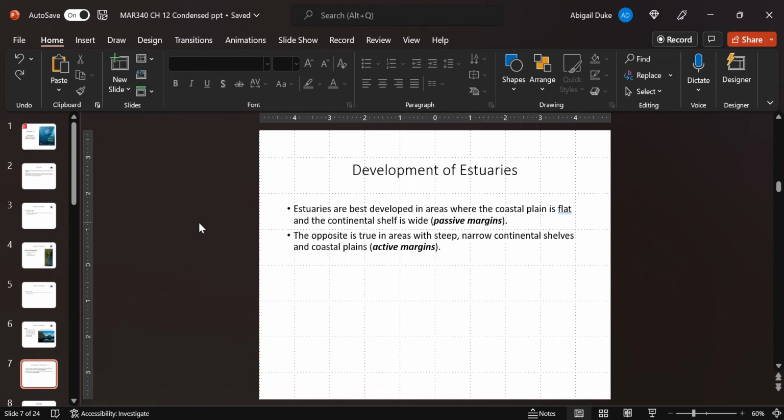Flat coastal plains and wide continental shelves. I don't understand that. Let's see if I can look this up. What's the difference between active margins and passive margins?